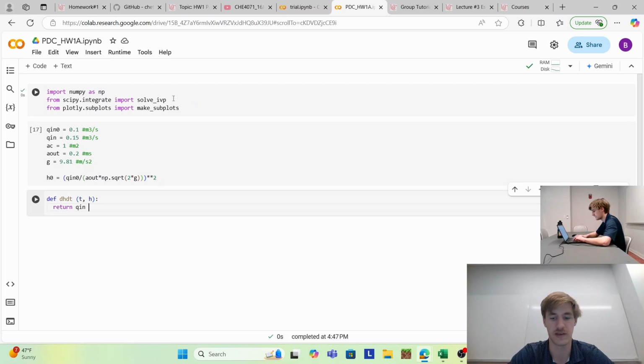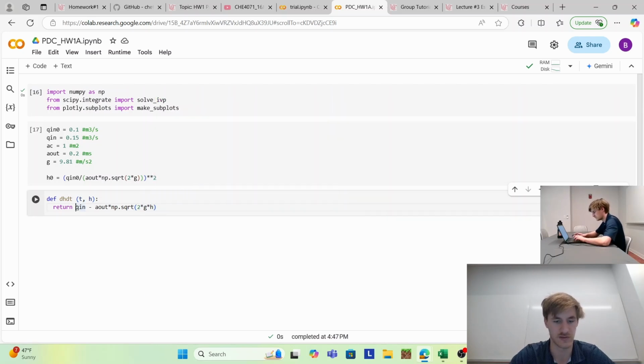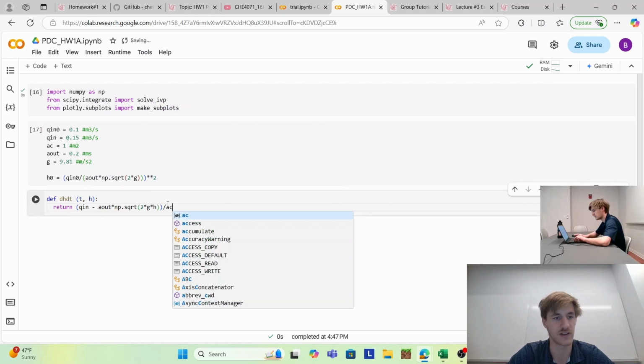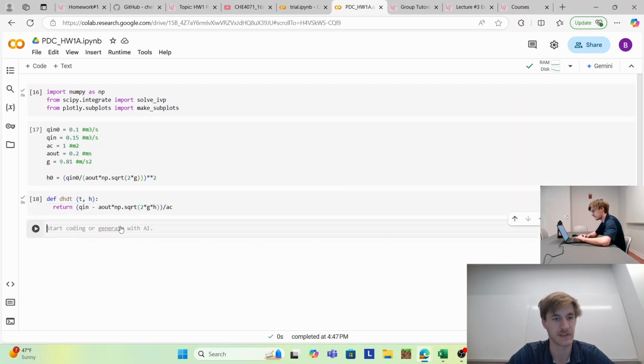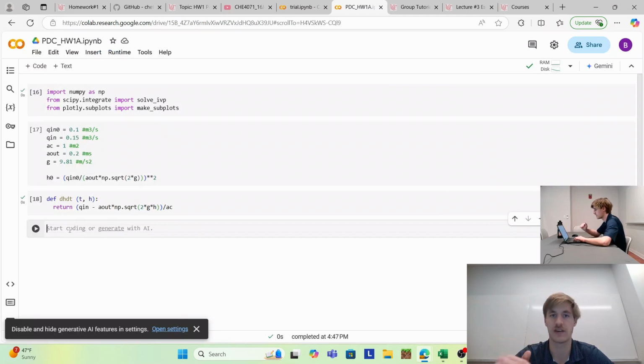So that'll be our flow going in minus our flow going out, that's the area times the square root of 2 times g times h, and we will divide all of this by our cross-sectional area. And so that'll give a change in height each time.